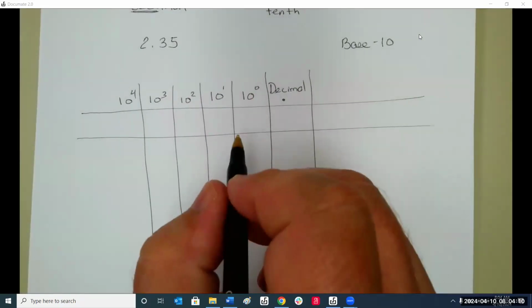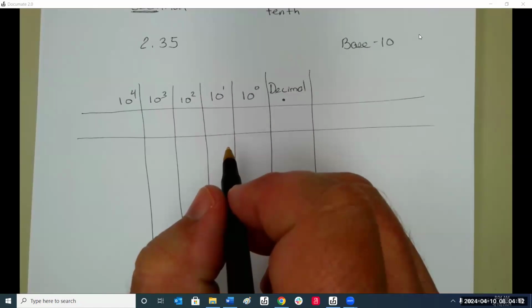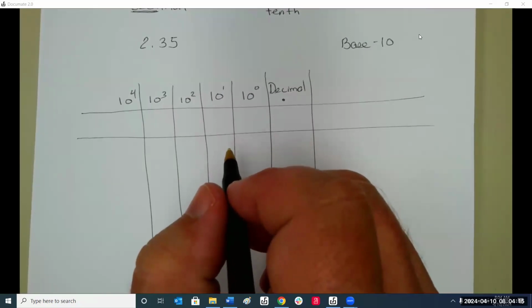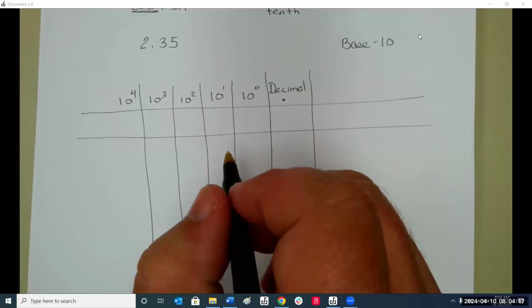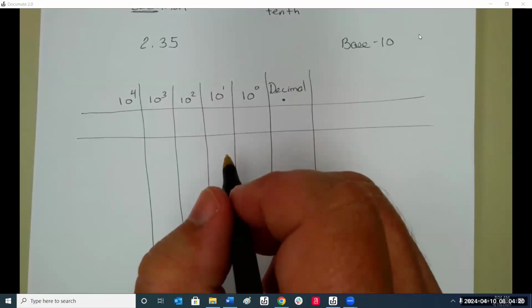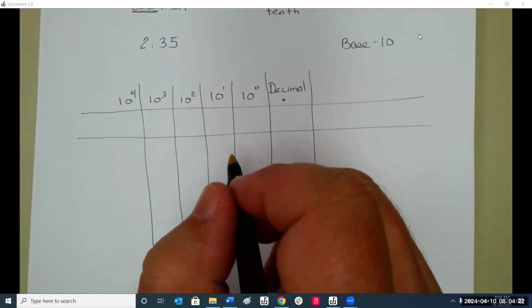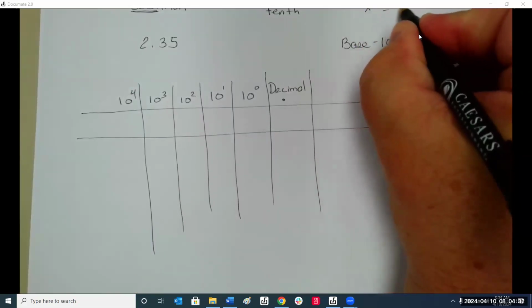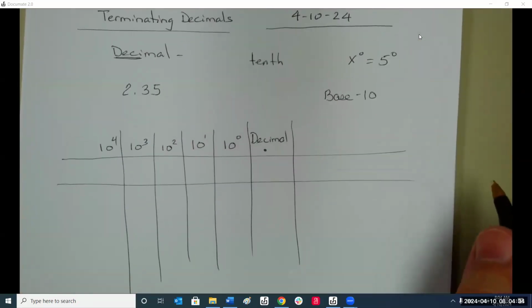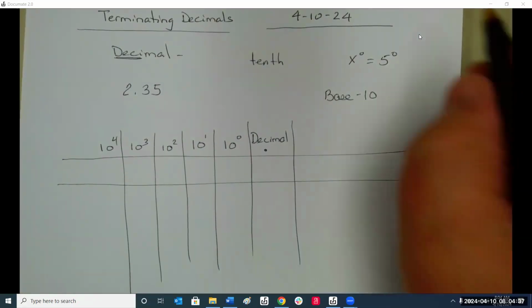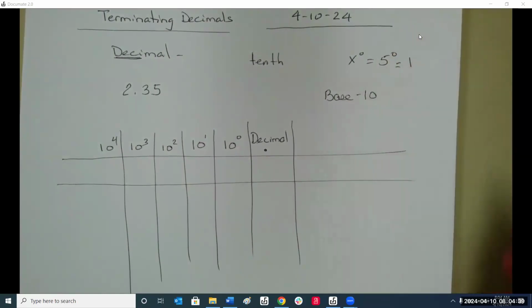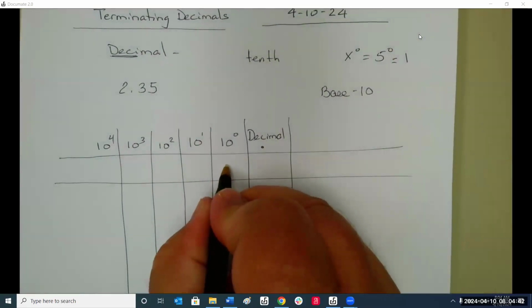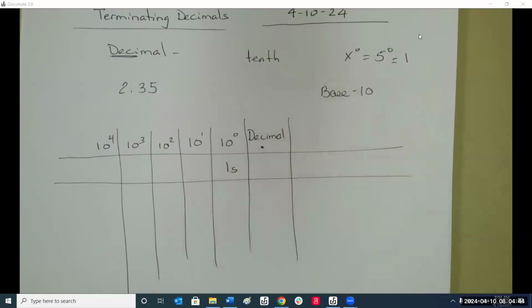What is 10 to the 0? What is anything to the 0? Basically, x to the 0 is the same thing as 5 to the 0. Anything to the 0, so that's the ones column.